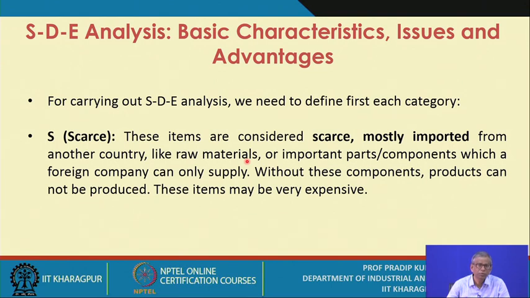For example, if you go for producing alloy steel, the nickel is to be imported from foreign countries, say the USA. There are many examples of scarce or imported items, and these may be important parts or components which only a foreign company can supply.